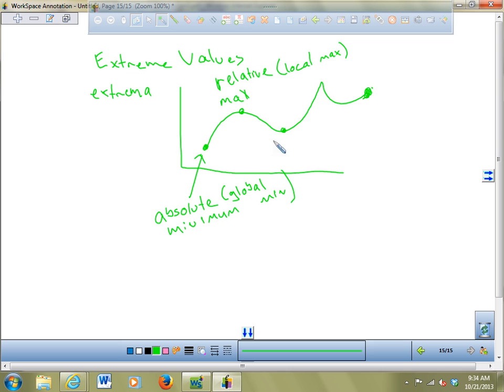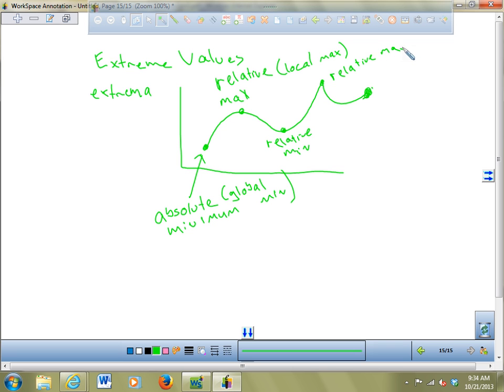Okay? So this is called a relative min. So notice here that I have something called the cusp. What do I call this? This is a relative maximum, but is it the highest point in this graph?